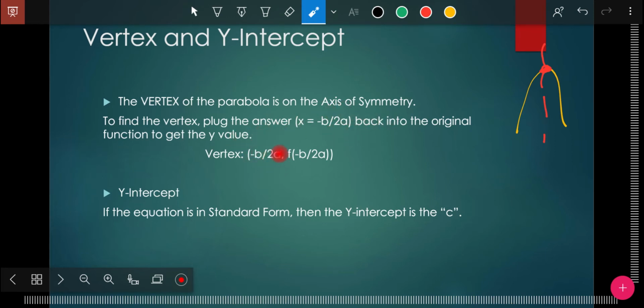So that answer is this, and then you plug it into the original equation. So you had f of x equals something, in standard form probably. So you just plug the x answer in to find the vertex. The y-intercept is super easy. If it's in standard form, ax squared plus bx plus c, then the y-intercept is just the c.